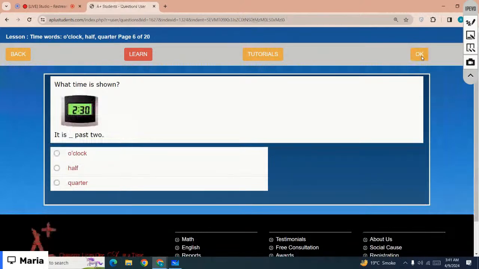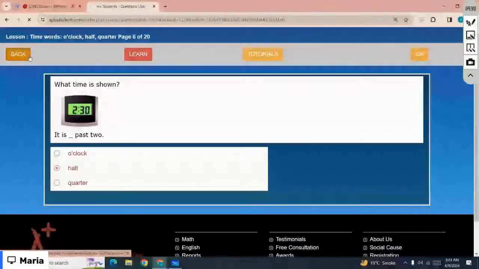What time is shown? The correct option is half past 2. The correct option is half past 2. Okay, you can complete the lesson by yourself today.